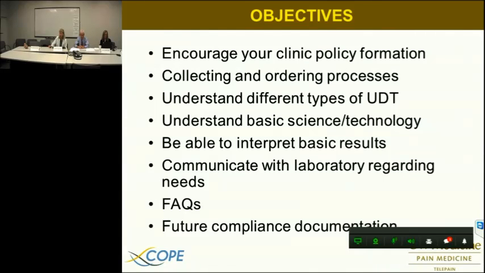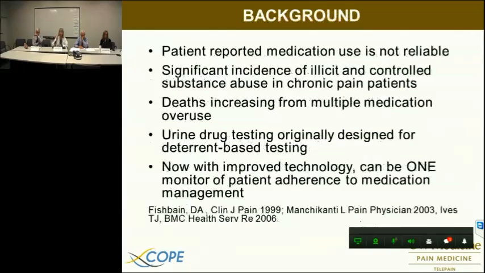We ultimately will, as a field, be doing other things, but I'm not going to talk about that technology today. We're going to talk about the science and a little bit about technology of urine drug testing, result interpretation, communication with our lab, a little bit about frequently asked questions, and then talk about what may be coming down the line in terms of future documentation.